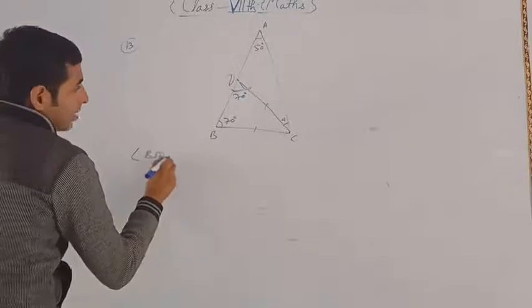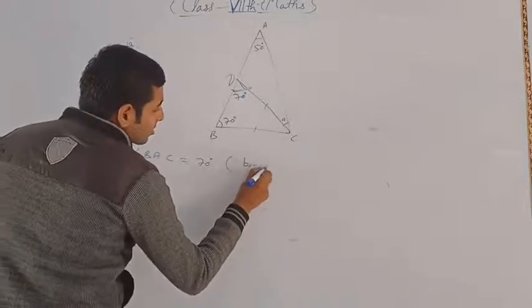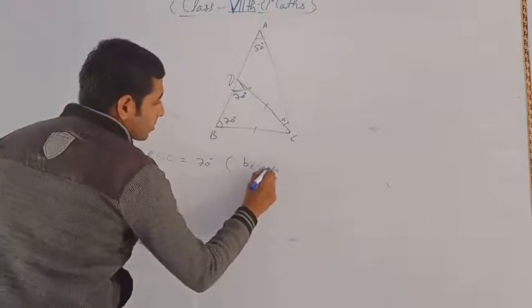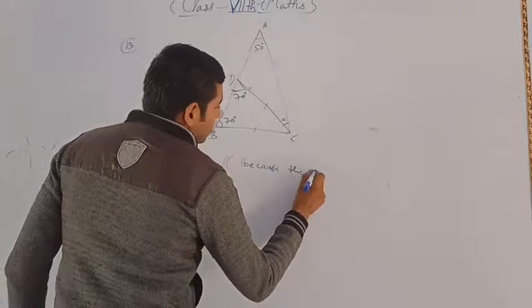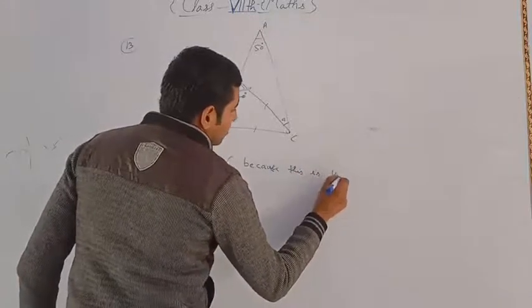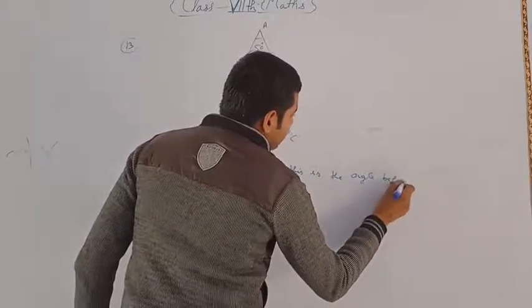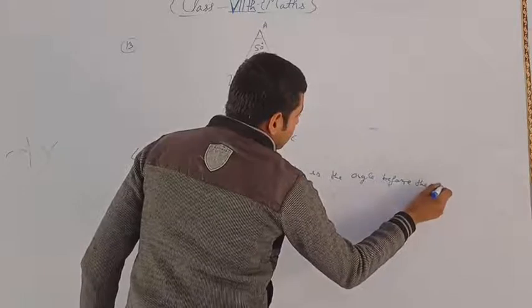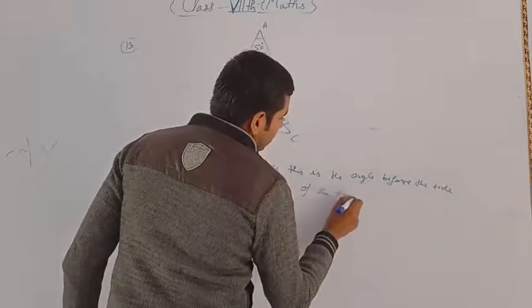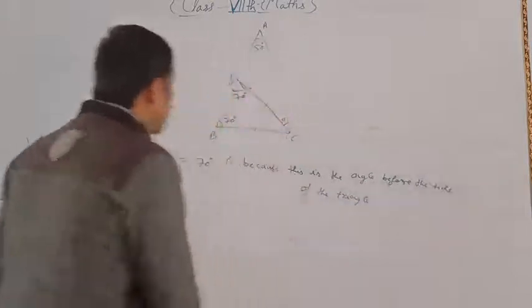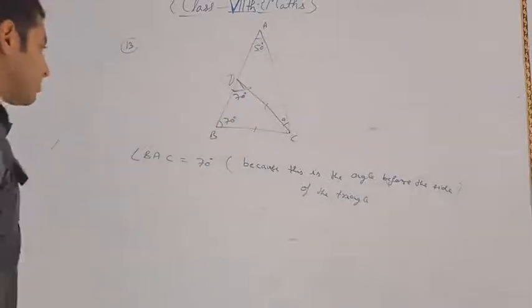Angle BDC is equal to 70 degrees because this is the angle before the side of the triangle.